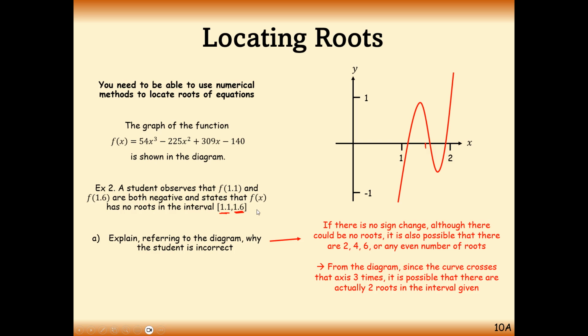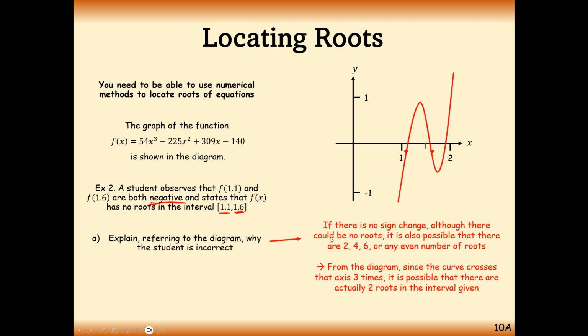So if both of those answers come out to be negative, looking at the diagram, the fact that the student found the function to be negative at either end is because possibly they evaluated the function at these two points, and they were both negative. The fact that they are both negative means that there are either 0, 2, 4, or 6 roots, or even more roots.